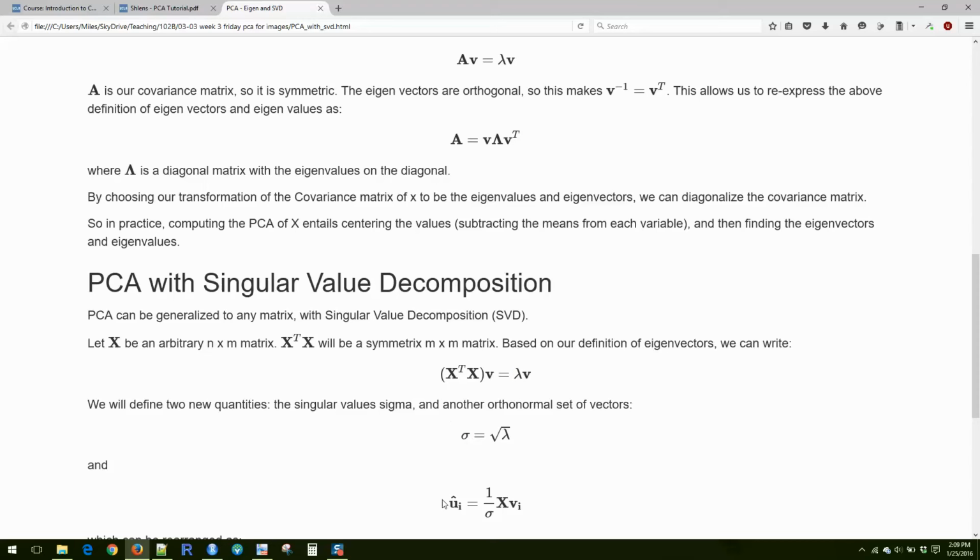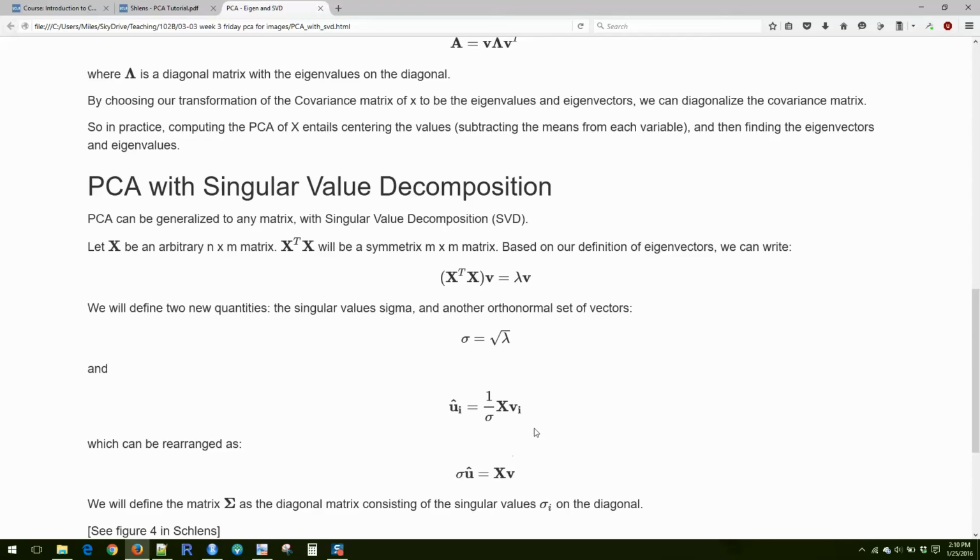And then we're going to create a new set of vectors that will be our original data X multiplied by our eigenvectors from the eigenvalue decomposition. So V is our eigenvectors. If we multiply our original data X by our eigenvectors and then divide by the quantity sigma here, we're going to define this as a new set of vectors U.